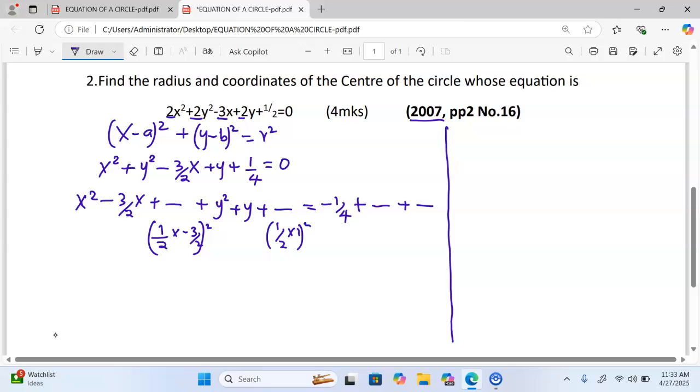Then we square. This one is going to give us negative 1, that is 1 times negative 3, which is negative 3 over 4, then squared, and this one is going to be half squared. This is what we are going to add to complete the square.